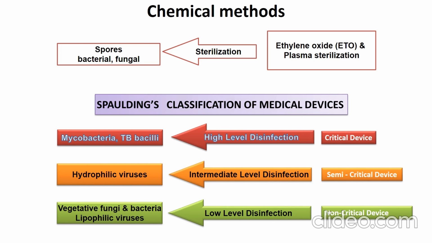The next category is radiation. Radiation can be attained by non-ionizing infrared rays and ultraviolet rays, and ionizing X-rays and gamma rays. By filtration, using depth filters, membrane filters or air filters, we can to some extent reduce the number of bacterial colonies, but you should make sure that radiation and filtration may not kill the spores.